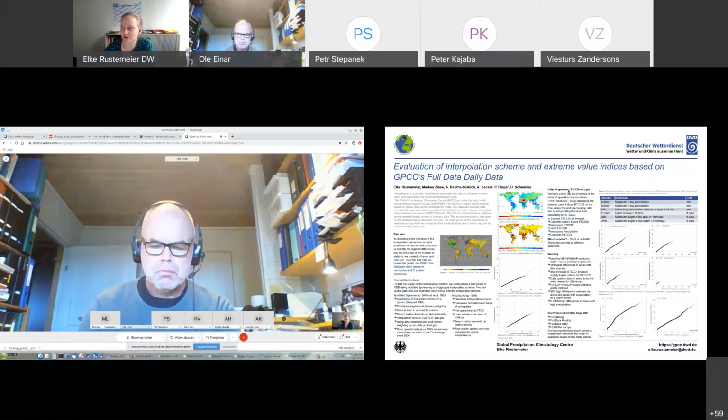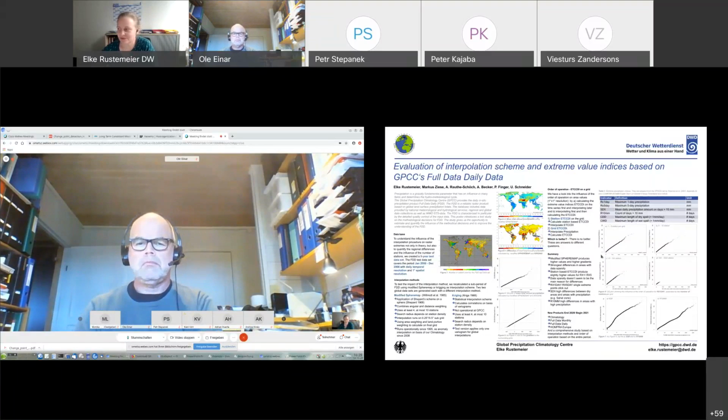So this is the order of operation, calculating indices first or interpolating first. And here I want to show the results of the indices on the right hand that result in the order of operation. And that's what the poster is about.